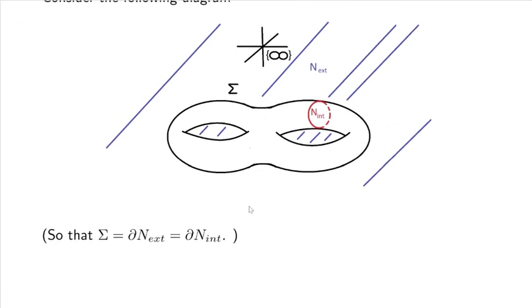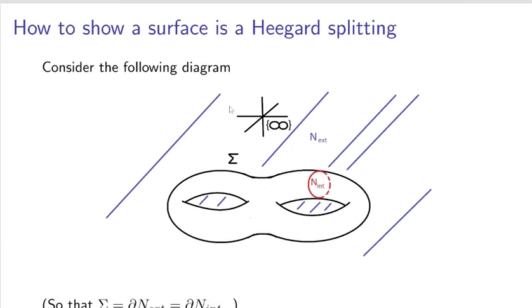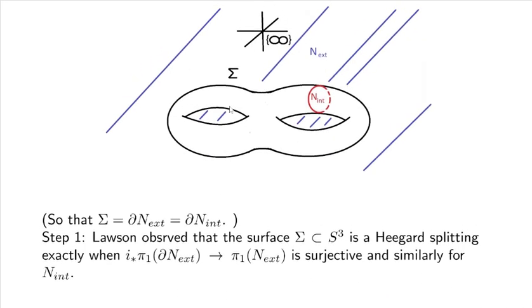Right. And we want to show that sigma is going to be a Heegaard splitting of S3. And then we can use Waldhausen's theorem. So Lawson observed that the surface sigma in S3 is a Heegaard splitting exactly when the induced map on fundamental groups is surjective. When you include sigma into either of these domains N exterior or N interior, the map on pi 1 is actually surjective.